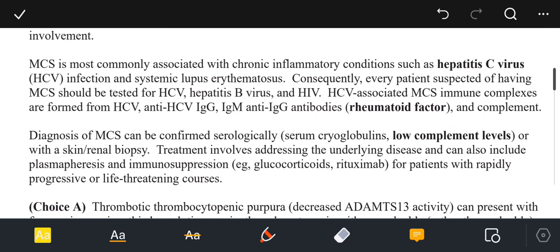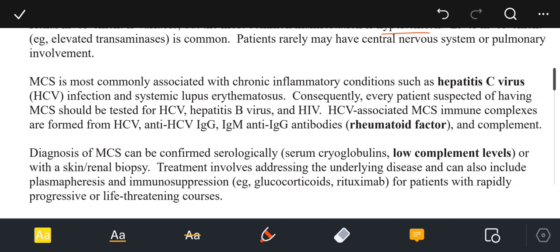MCS, or mixed cryoglobulinemia syndrome, is most commonly associated with chronic inflammatory conditions such as hepatitis C virus infection and systemic lupus erythematosus. Consequently, every patient suspected of having MCS should be tested for HCV, hepatitis B virus, and HIV. In HCV-associated mixed cryoglobulinemia syndrome, immune complexes are formed from HCV, anti-HCV IgG, IgM anti-IgG antibodies, rheumatoid factor, and complement.